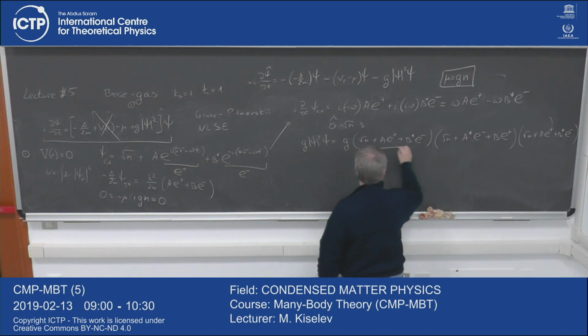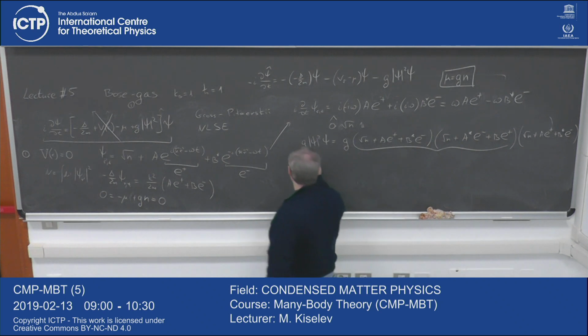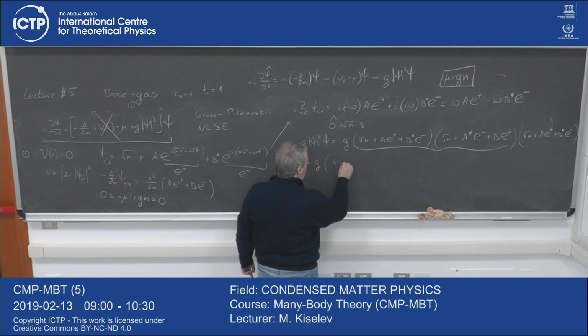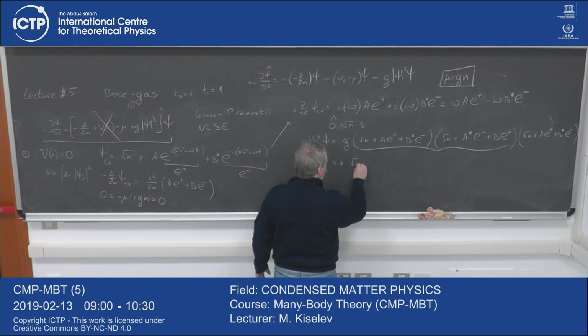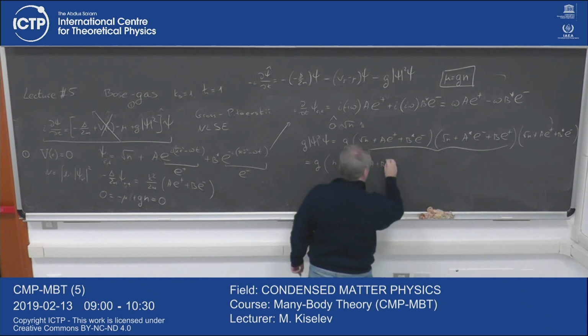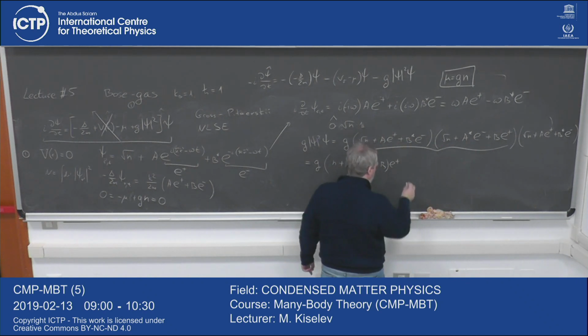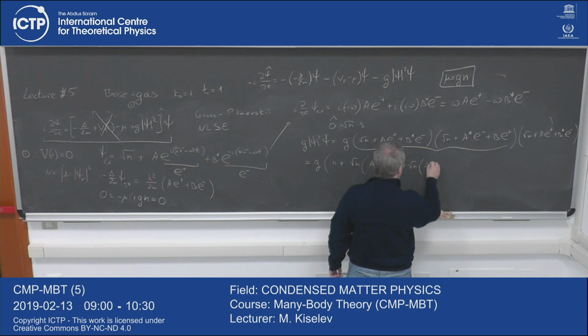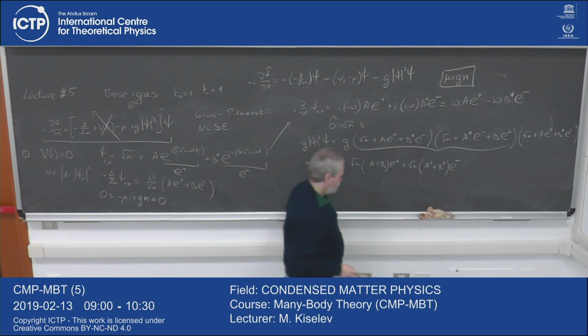So let's open first this bracket. So this is g times n plus square root of n, I have a plus b, so this square root of n a and this square root of n b e plus, square root of n a dagger plus b dagger e minus.